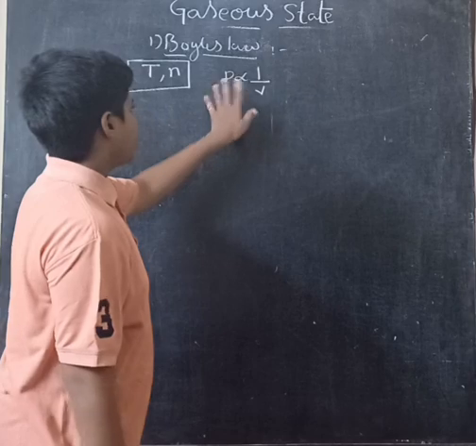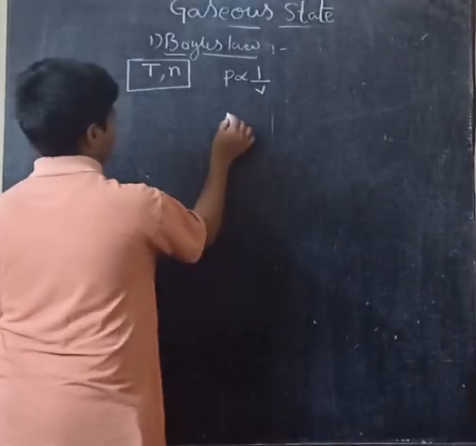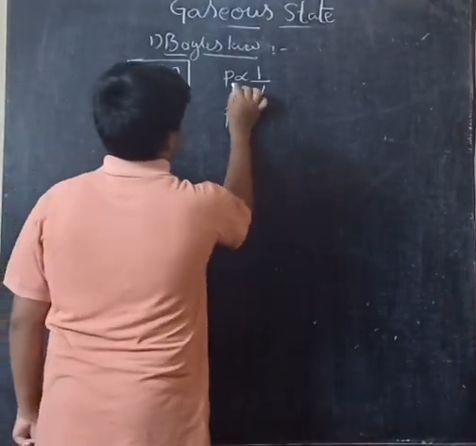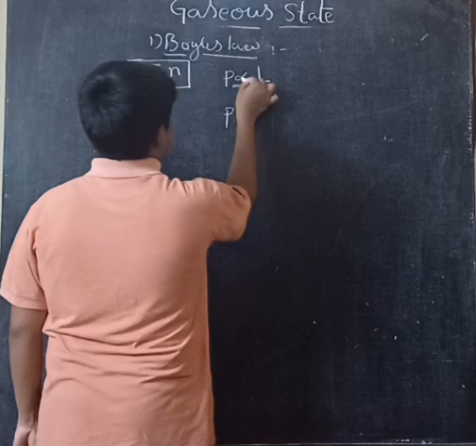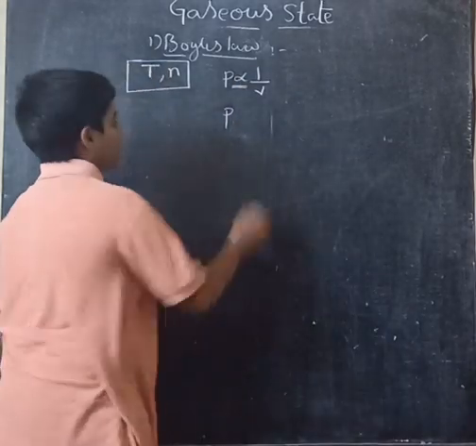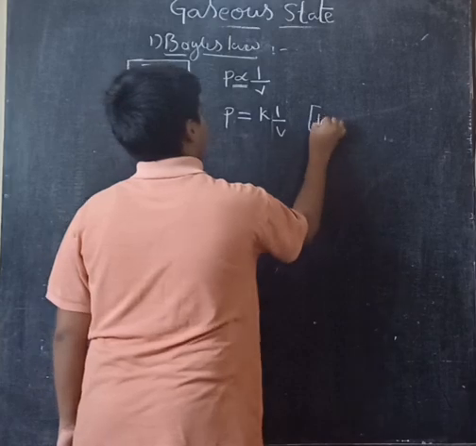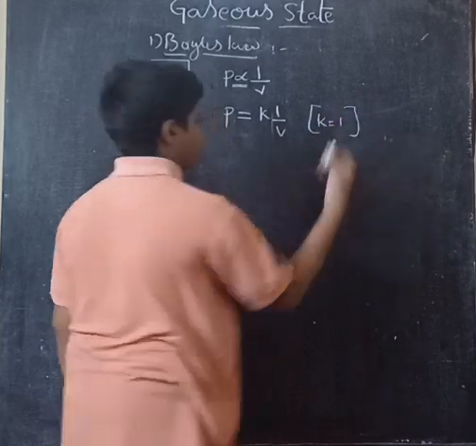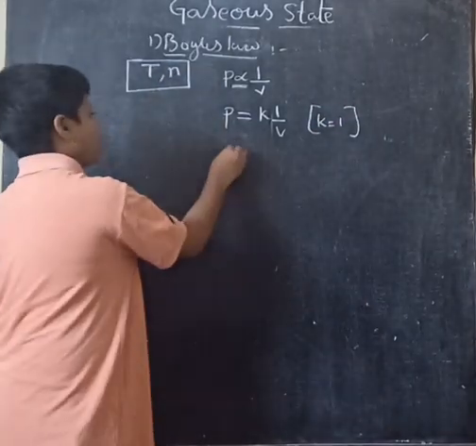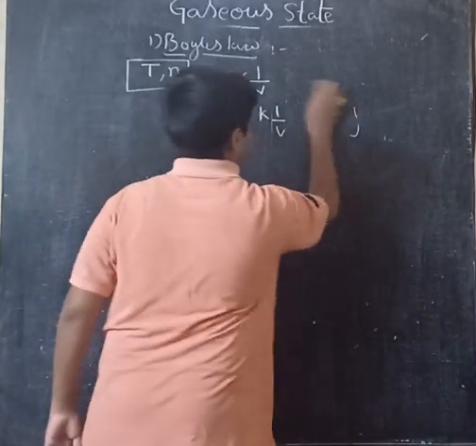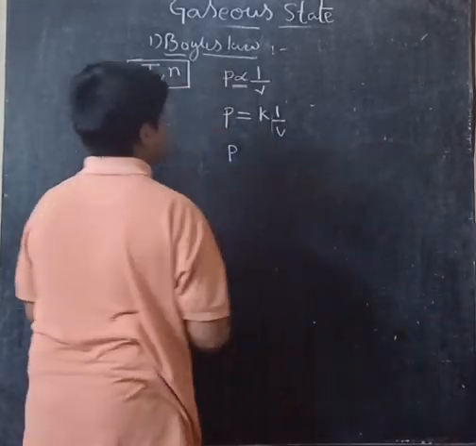Removing the proportionality, we put K as a constant.